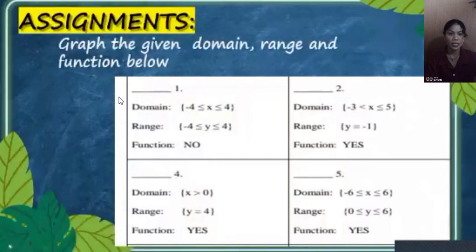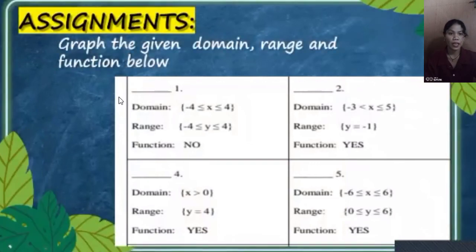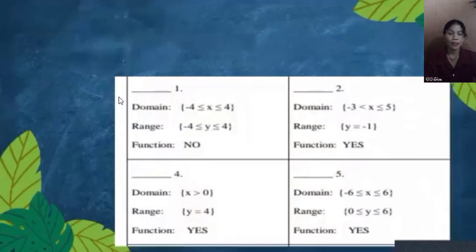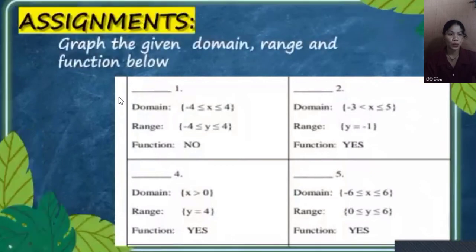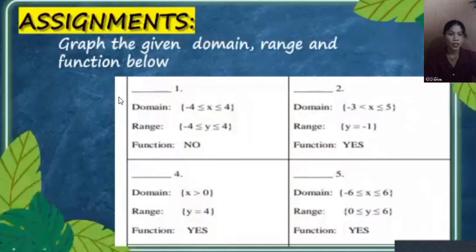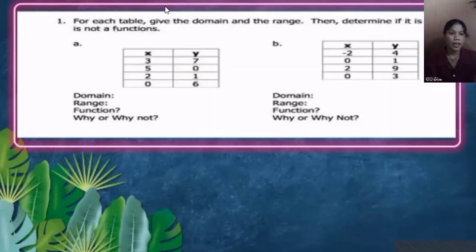Now let's proceed to assignments. This will be done individually, okay? Assignments: graph the given domain, range, and a function below. Another one is, for each table, give the domain and the range, then determine if it is or is not a function.